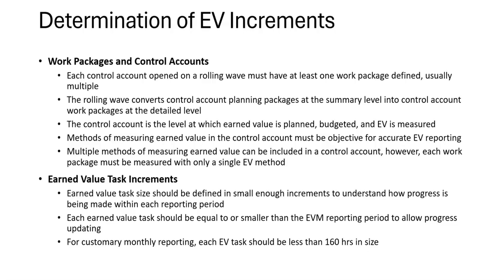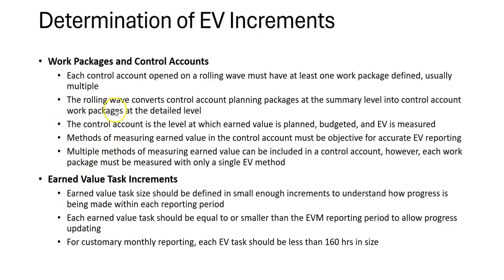Say, for instance, we're building a circuit board as part of a guidance section. Well, the work package would be that circuit board design, and then it would be milestone driven, such that the EV methodology within a control account has to be the same for that whole work package.